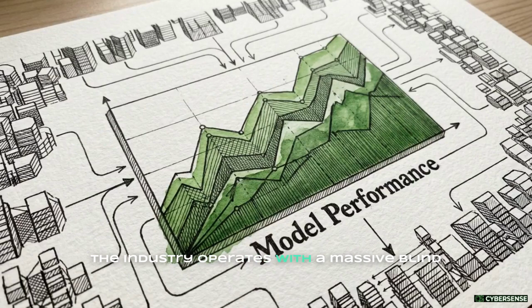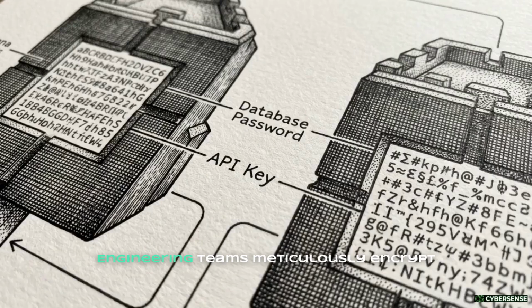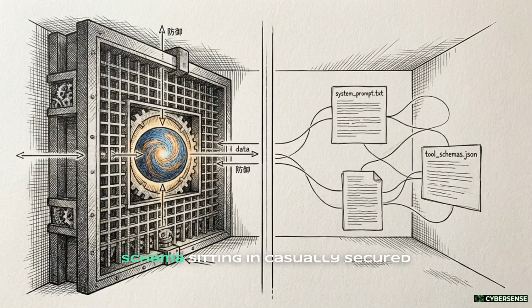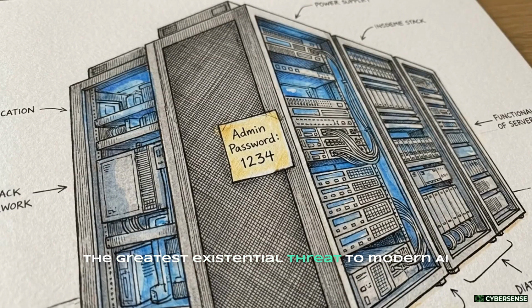The industry operates with a massive blind spot. Engineering teams meticulously encrypt database passwords and API keys while leaving their system prompts and tool schemas sitting in casually secured repositories. The greatest existential threat to modern AI products is mundane, classic software engineering negligence.